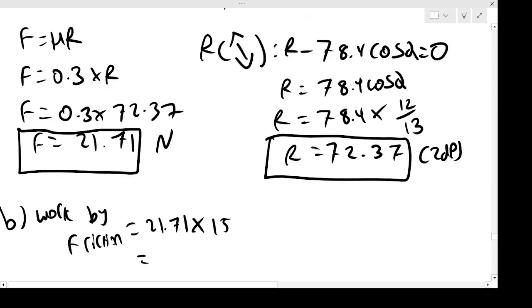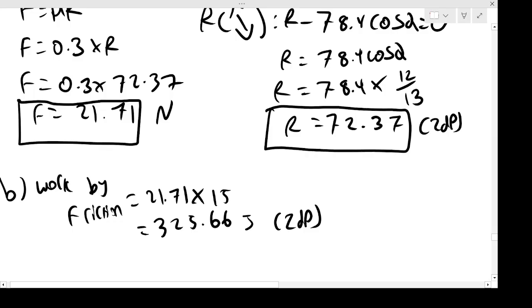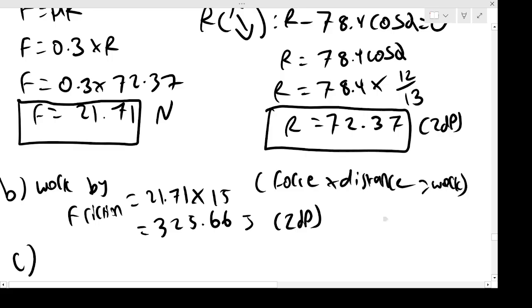So we work all that out, and we get 325.66 joules. And that is the work done, very simply. Again, this stems from force times distance equals work. That's the formula I used here.